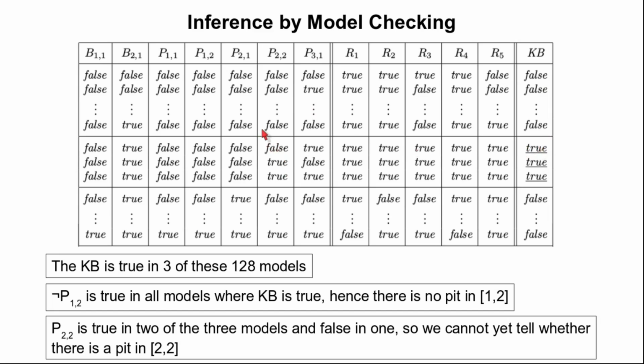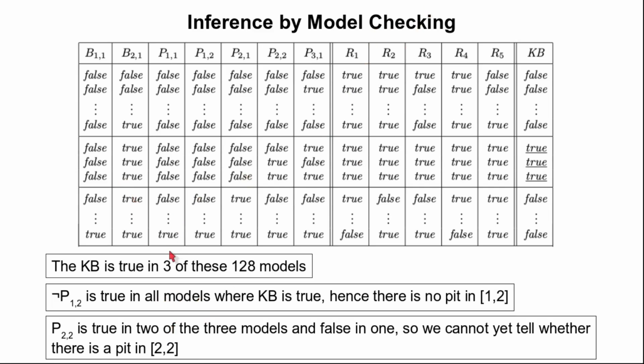So now we can say that the knowledge base does not entail P22. So we cannot say that there is a pit in square 22. So this is how inference can be done in propositional logic using the model checking algorithm.